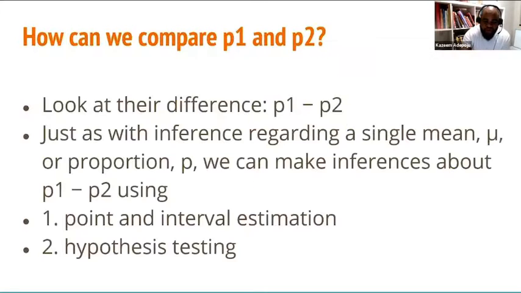So like I said, we are looking for P1 minus P2. We can get the point estimate, we can also get the interval estimate, and we can also conduct a hypothesis test about that. Of course, hypothesis testing will be the next topic that we're going to talk about.